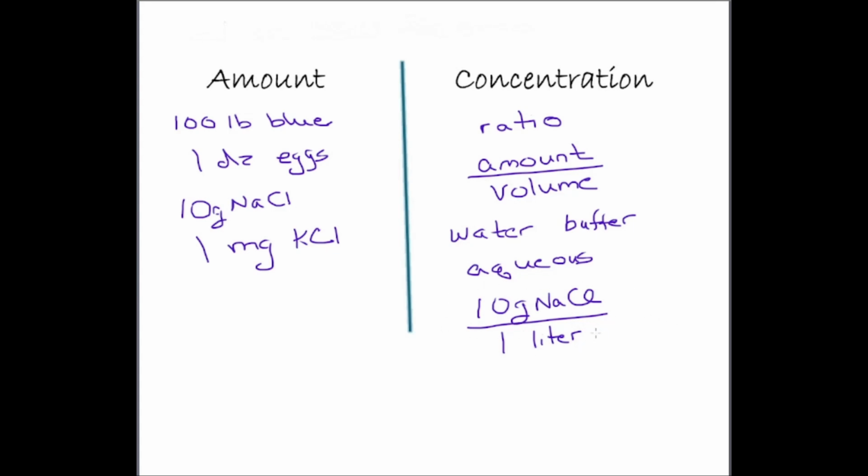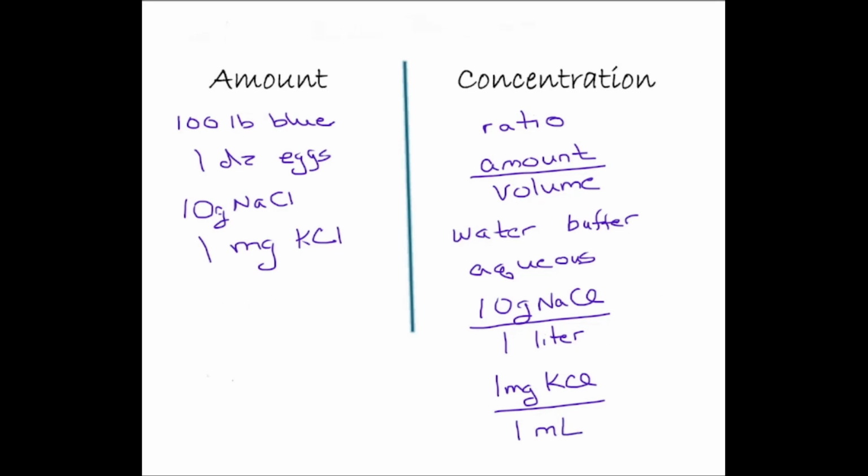Now note I did not write of water. A lot of times people might, in shorthand, skip saying water because water is assumed much of the time in a biology setting. So this is a concentration. 1 milligram of KCl per, let's say, 1 mL, again, would be a concentration.